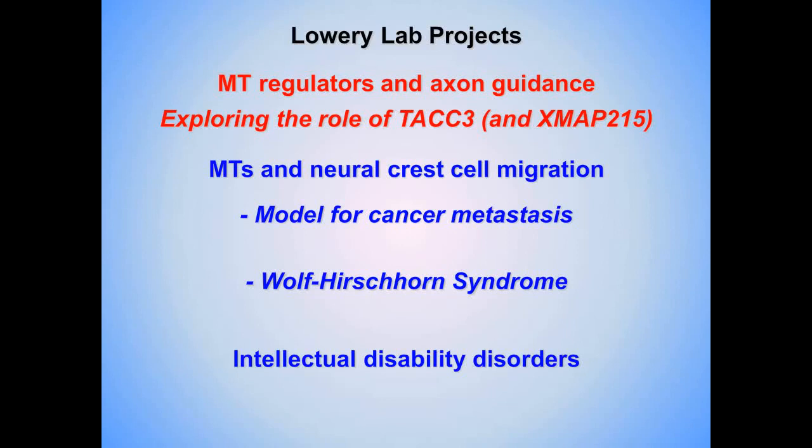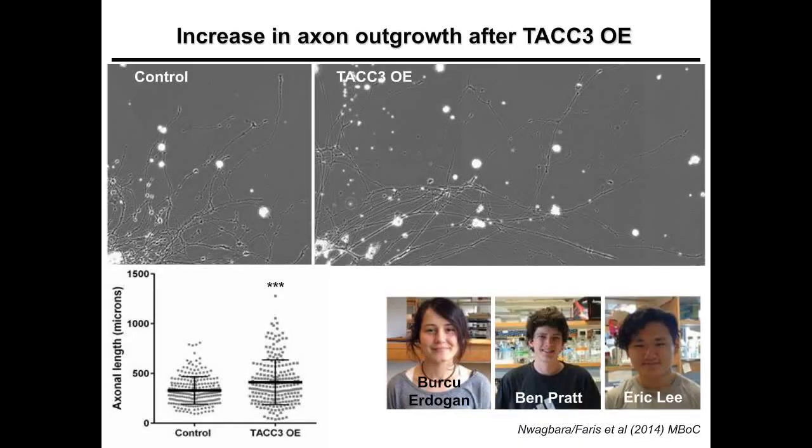And so now that I've spoken about the functions of these TACC family members in terms of regulating and promoting microtubule dynamics, I'm going to talk about how they're playing a role in axon guidance. This has been the project of my PhD student, Burcu Erdan, and she's had the help of two talented undergrads, Ben and Eric.